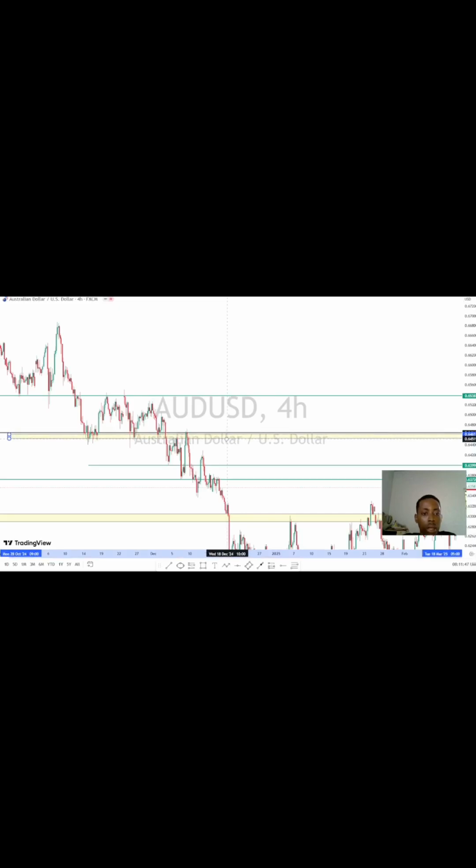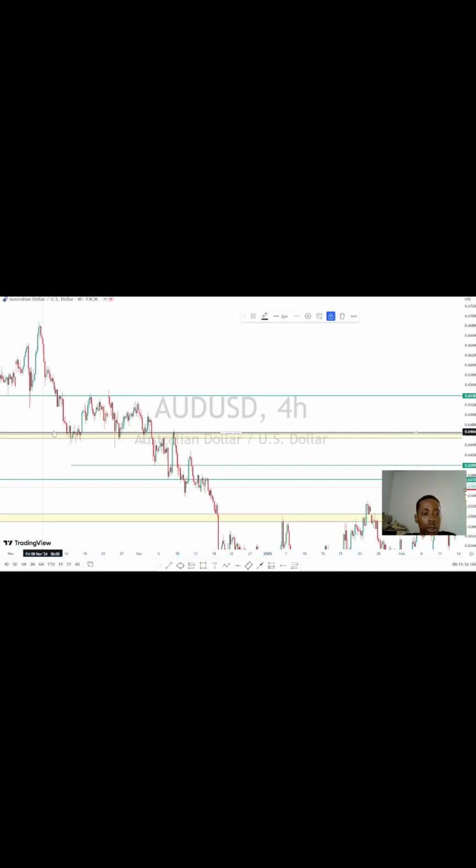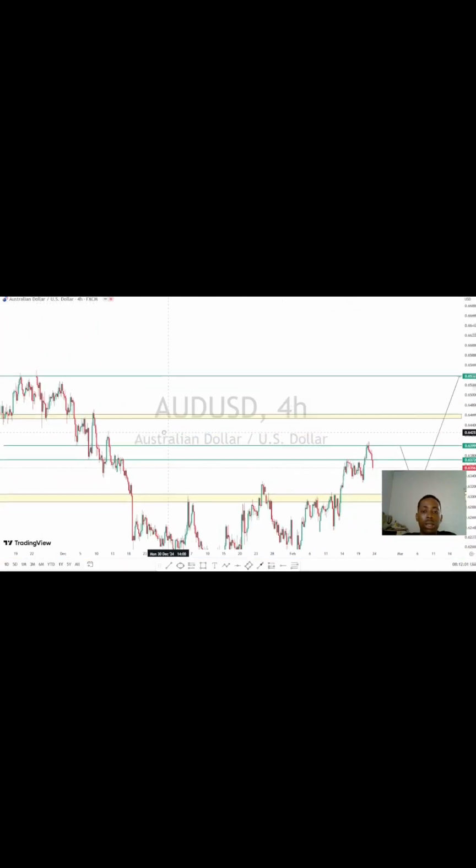So let me kind of bring it down. I like my market to touch the body of my candles properly. So I'll go forward to delete my black bar, because I already know that this zone is a weekly zone.